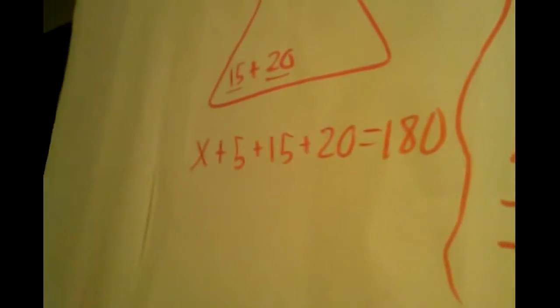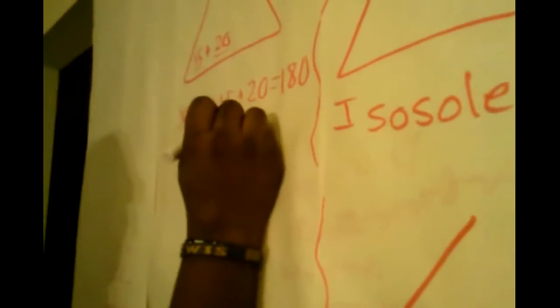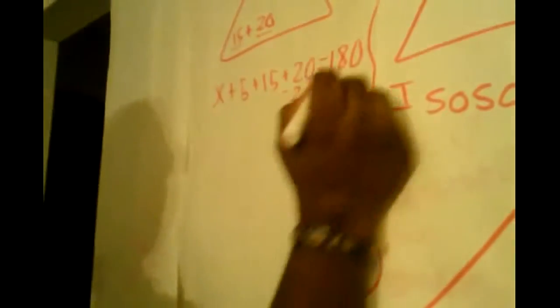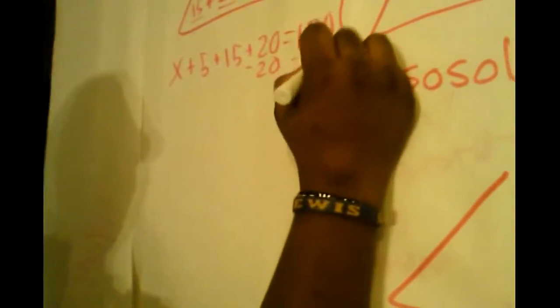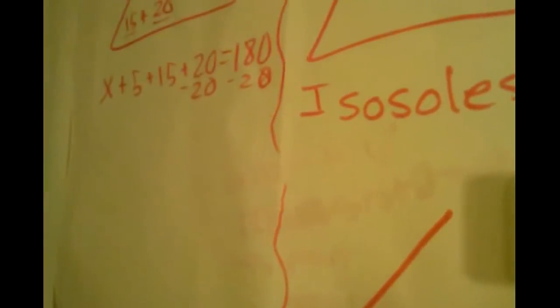So, what we're going to do, this is the difficult part. Everybody must pay attention. First, what's the opposite of plus 20? Minus 20. You take 20 from 180.